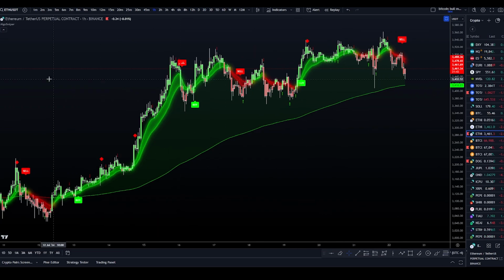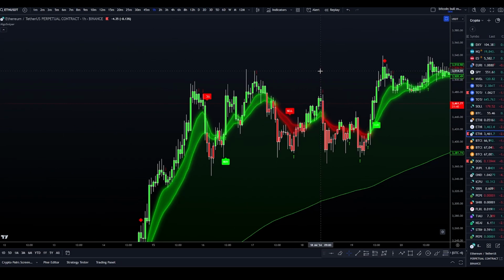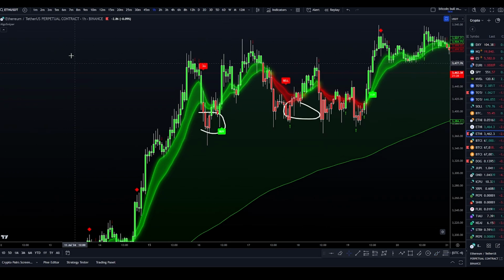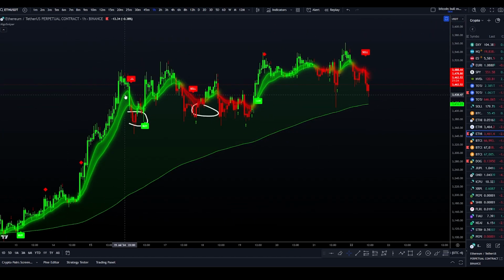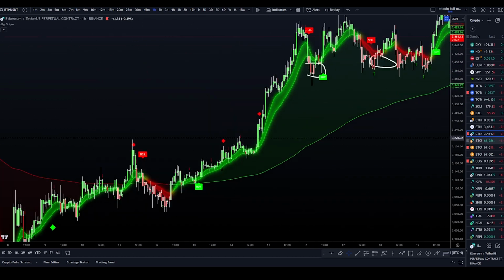And even though in the beginning I mentioned we want to be shorting when the bands flip red, even though in the short term we see bearishness here, you can zoom out and see that the trend is still upwards. So it's still likely, despite small pullbacks, to continue going up.